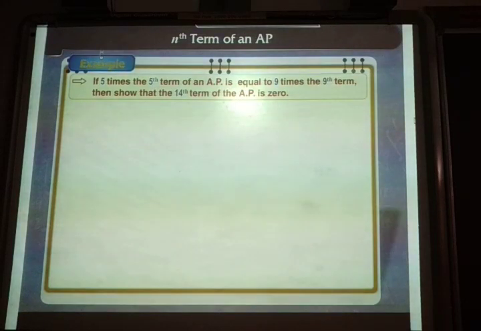If 5 times the 5th term of an AP is equal to 9 times the 9th term, then show that the 14th term of the AP is 0.